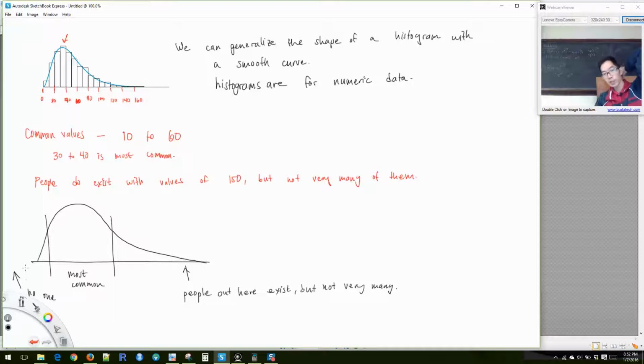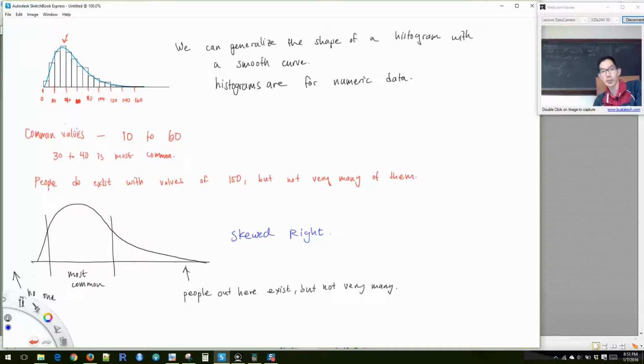So we would say this shape has a label, and it's called skewed right. Skewed right means most people are near this hill, but you have outliers, or people with values much higher than what might be considered normal or typical. You have values much higher than typical, but no one much lower than typical.